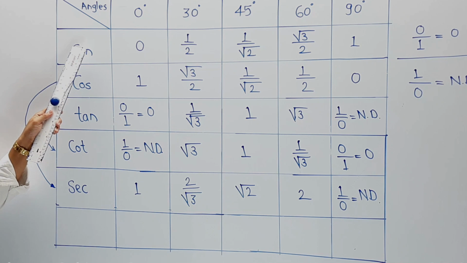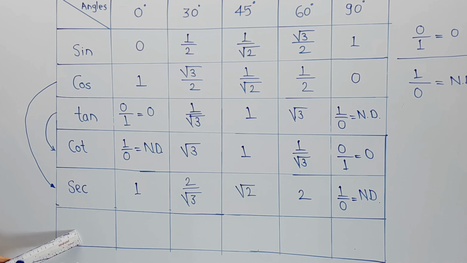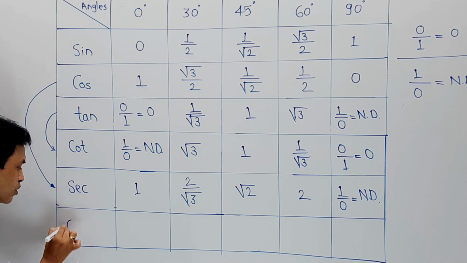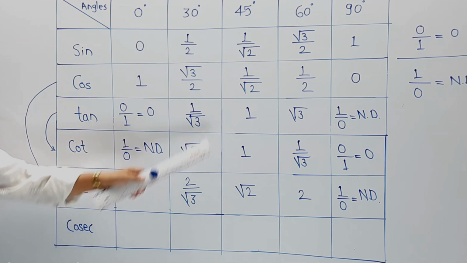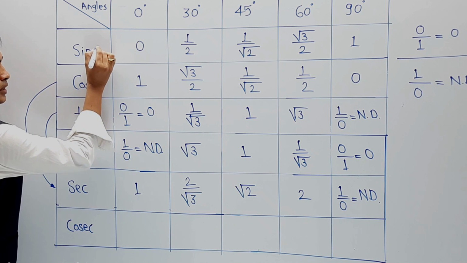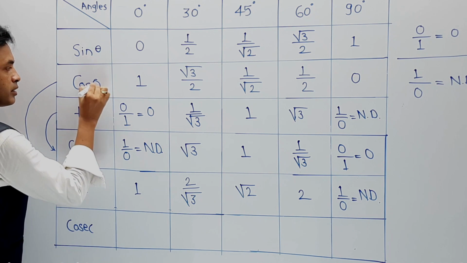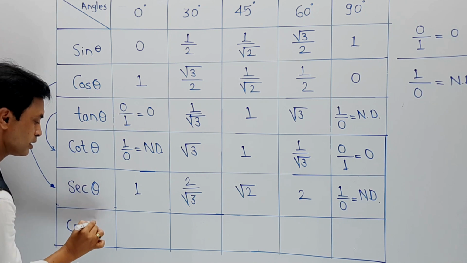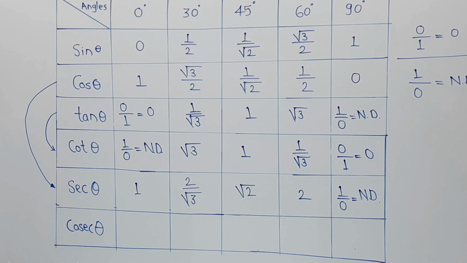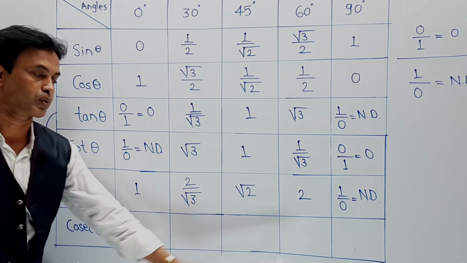Now the last part, the reciprocal of sine, that is cosec. Every time we are not specifying any value, so you have to write theta for each one. Why? Because it is an indication of the angle which we have taken into consideration. Now we have to write the modification over here.